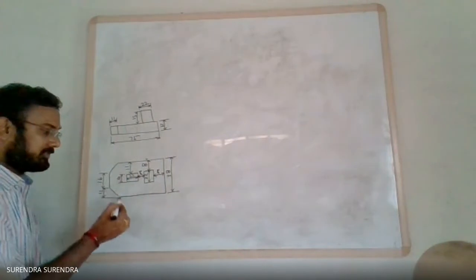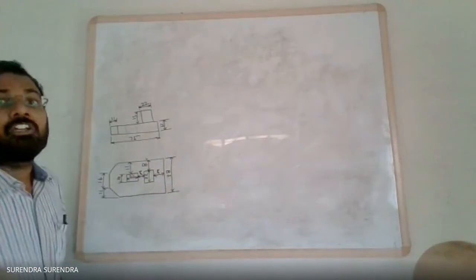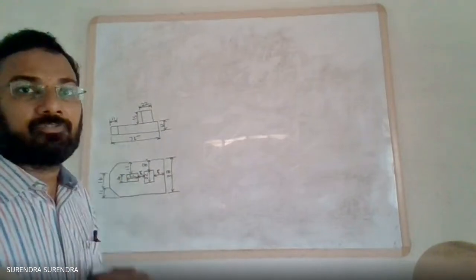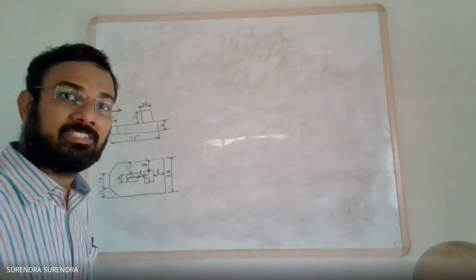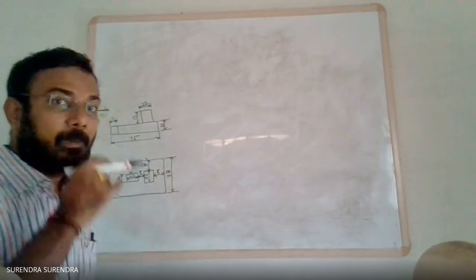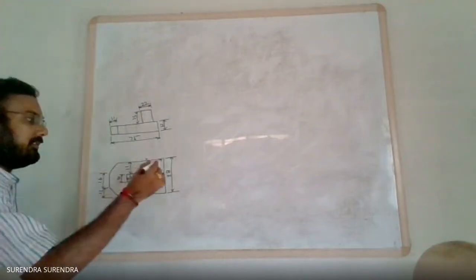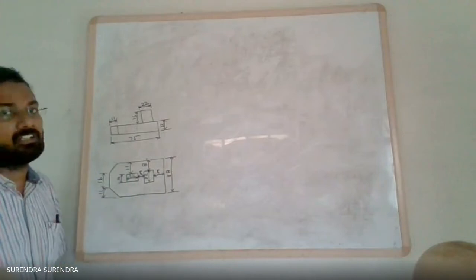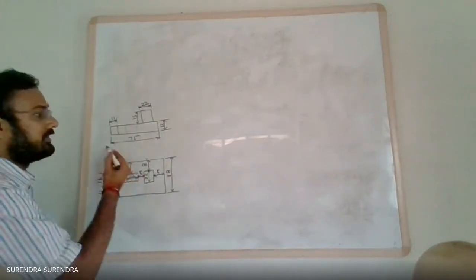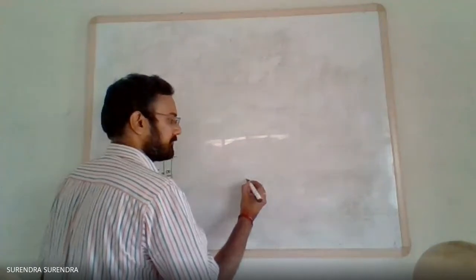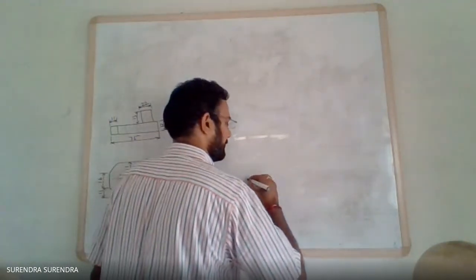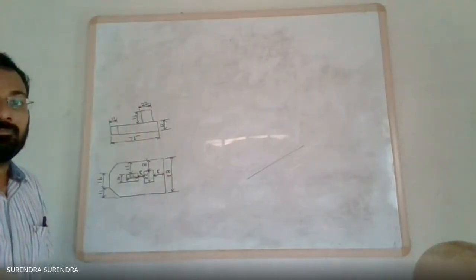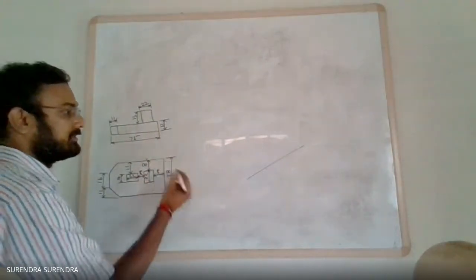Both of these have chamfers. A chamfer is a cut made to avoid sharp corners, leaving flat surfaces. When there is chamfering, we take it as a complete rectangular block and then draw these inclined lines. So total width 75 mm and depth 38 mm.